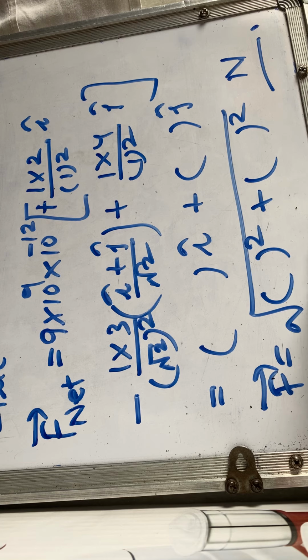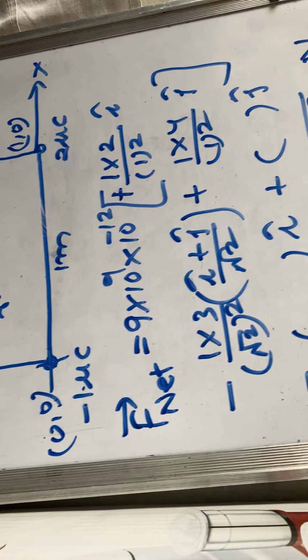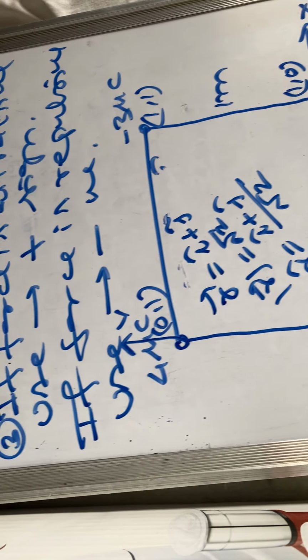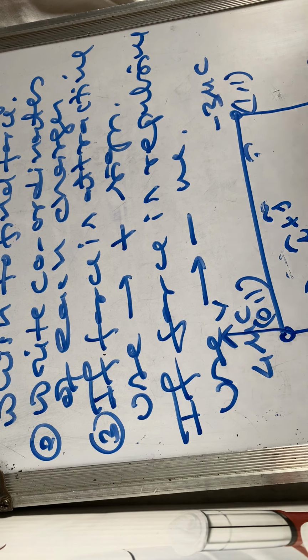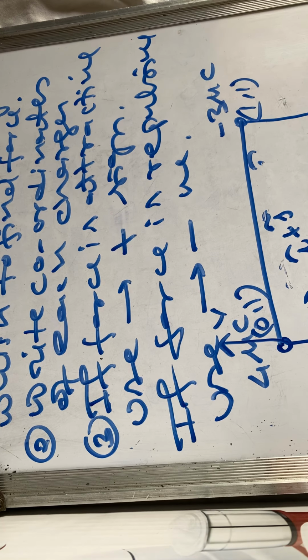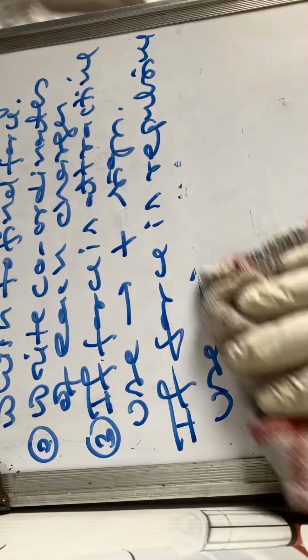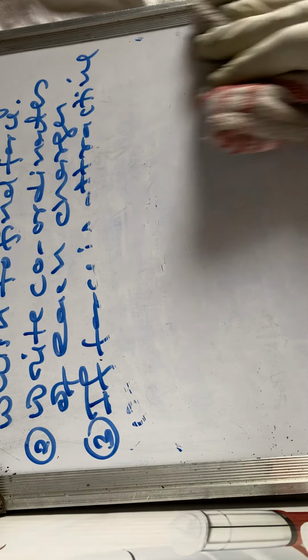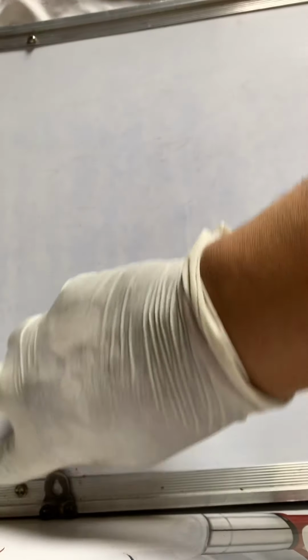Now let's discuss some difficult problem based on these tricks. Suppose you are given again more than two charges, but not only in the xy plane, but in the xyz plane. Okay.